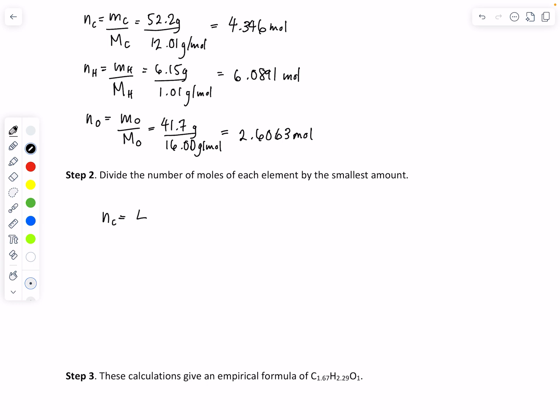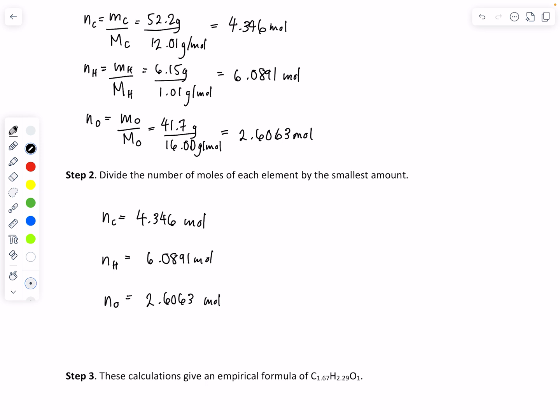So that's 4.346 moles of carbon, 6.0891 moles of hydrogen, and 2.6063 moles of oxygen.